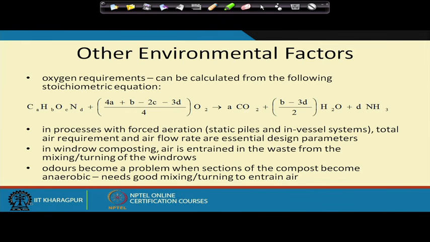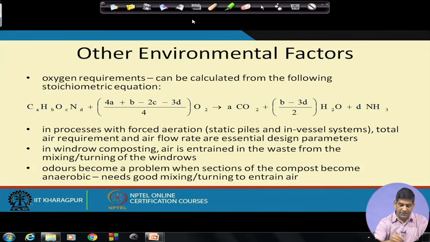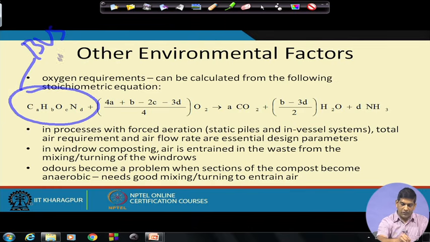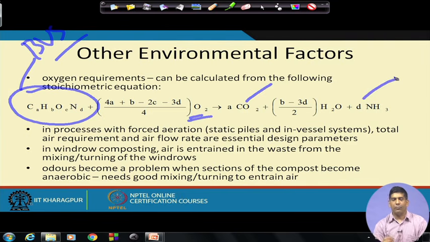Essentially, first we'll talk about how to get this equation, and this equation is for the BVS portion. Once we get this equation from the stoichiometry, we can calculate how much oxygen will be required, how much CO2 will be produced, how much ammonia will be produced, and so on. We'll talk about that in more detail in the next video.